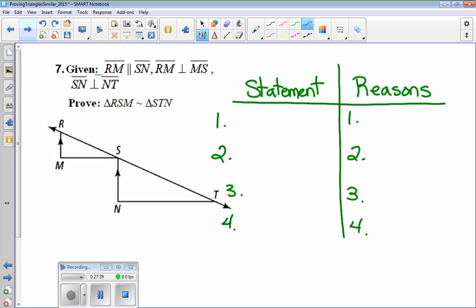We know that we can write all of our given information here. Actually, I believe it's going to be 5 steps. So perpendicular lines form right angles, and then you have to say that all right angles are congruent. So it's actually going to be 5. My bad.